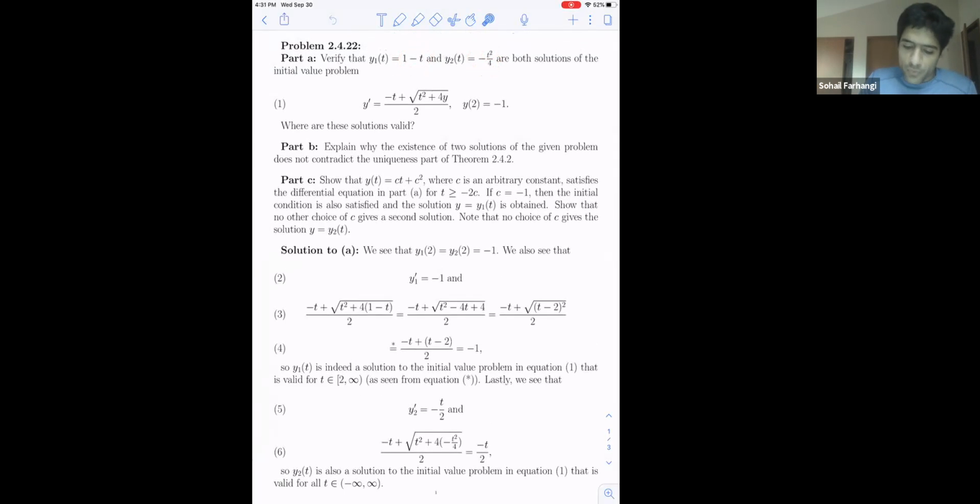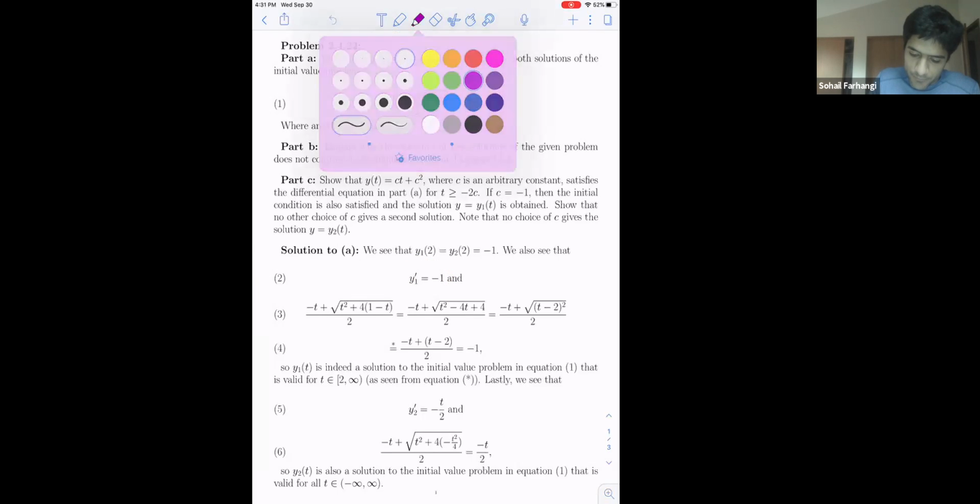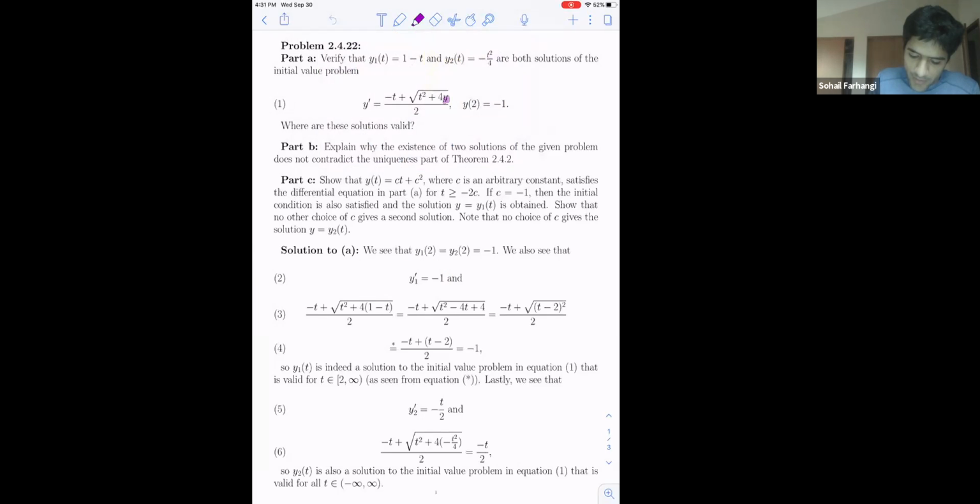And now we see that the derivative of y1 with respect to t is just going to be negative 1. So if we go ahead and make use of that, we want to check that when we put y1 here, it's going to simplify to negative 1. So we'll do that. As you can see, I took the y here and plugged in y1, which is 1 minus t.